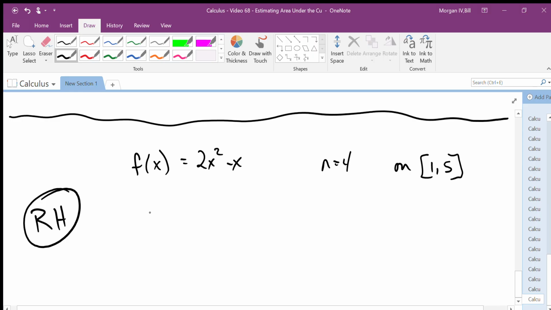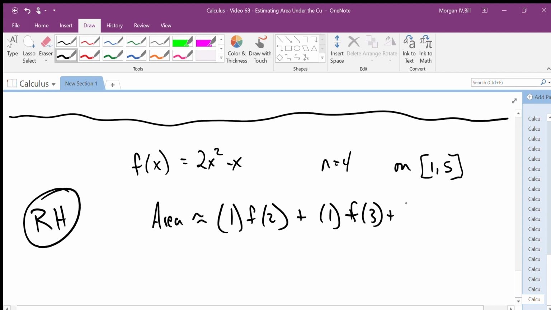So we had area is approximately equal to 1 times f of 2 plus 1 times f of 3 plus 1 times f of 4 plus 1 times f of 5.